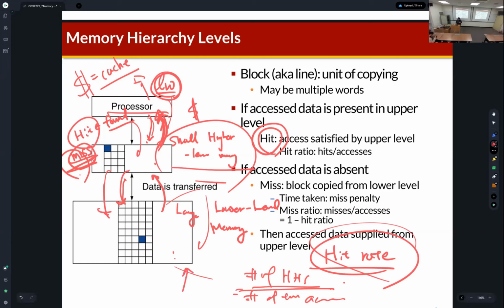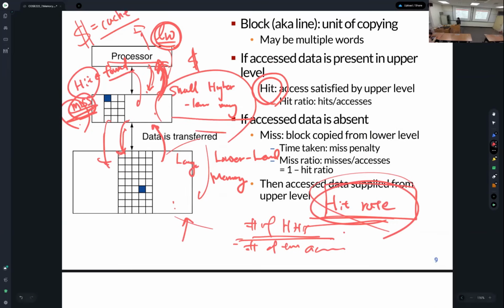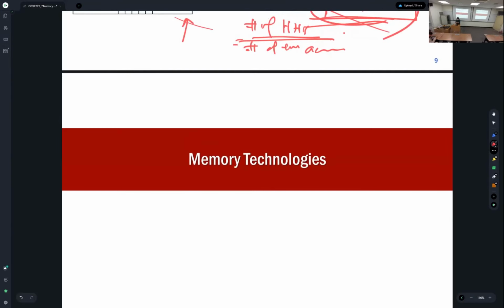In order to increase the performance of our system, the processor needs to wait shorter cycles, which means we need to increase the hit rate. So it's very critical for the performance of our system. The hit rate is also a very critical performance metric.